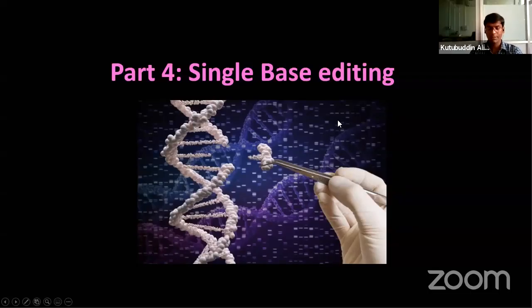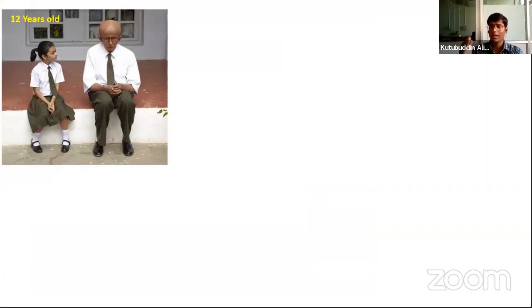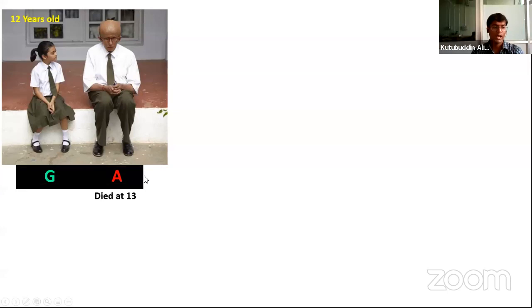Now coming to single base editing, my work with single base editing. I told you that CRISPR-Cas9 could make random indels, and it can deactivate a gene. But this is an example from the movie Paa. So this is Amitabh Bachchan, and he died at 13 because of a disease called progeria.